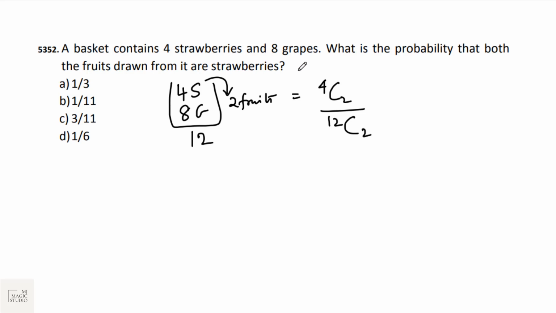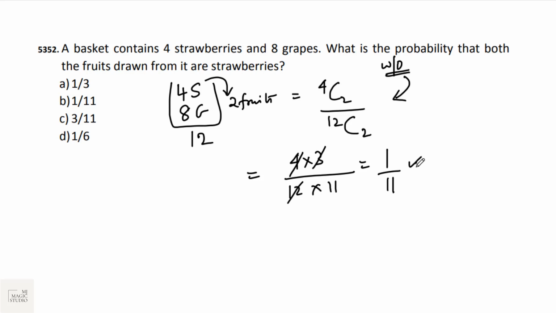Since nothing is given in the question regarding whether the drawing is with replacement or without replacement, we'll always assume this as without replacement and we will use the combination technique. 4C2 is 4 into 3, 12C2 is 12 into 11, the rest cancels out. So we're left with 1 by 11. Option B.